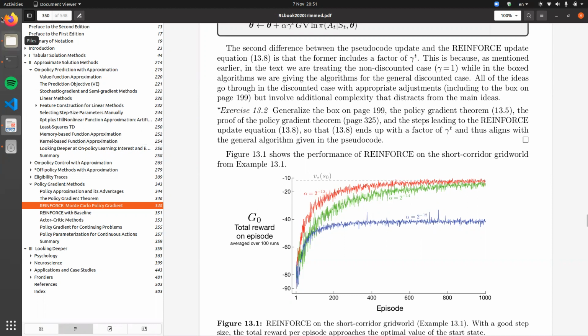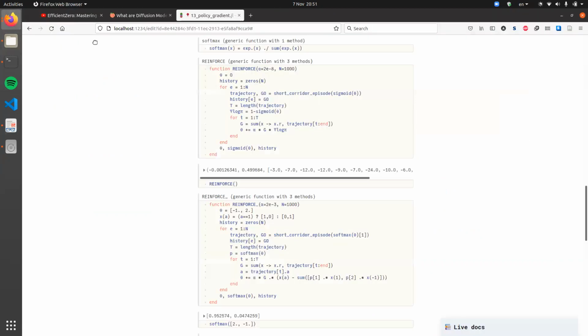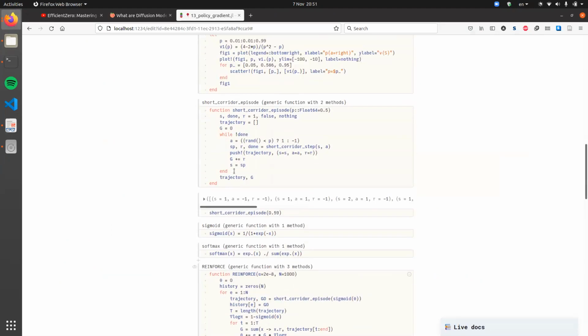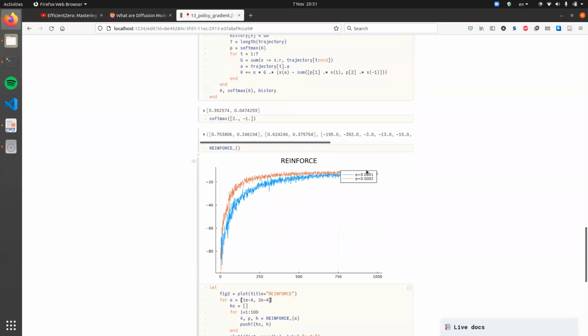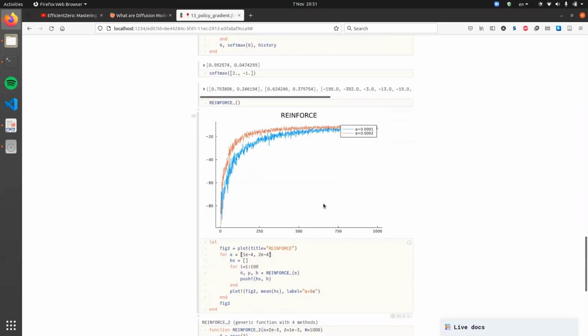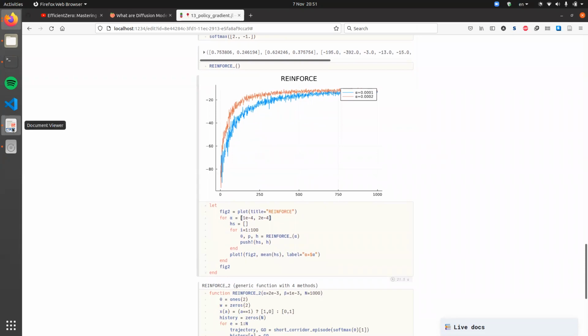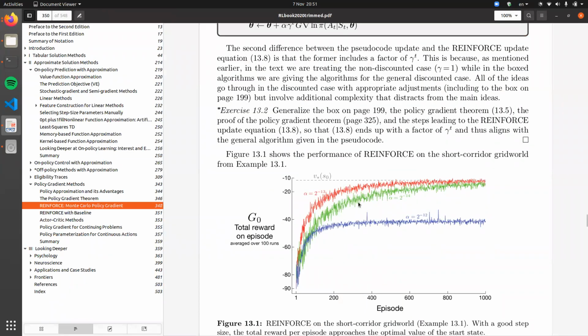So your learning rates are closer to what I have here. I will check the source code on Rich Sutton's website to see what's going on here, why there is that discrepancy.